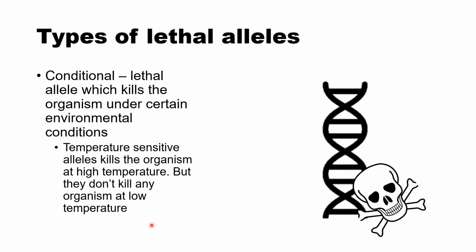So, yung mga conditional lethal alleles that are sensitive to temperature, mapapatay nila yung organism when the temperature is high. So, when we say high, that is above or higher than the normal temperature within that area. So, kung na-experience ng high temperature yung isang organism, then meron siya nitong lethal gene na conditional na sensitive sa temperature, magte-take into effect yung lethal gene and then mamamatay yung organism.